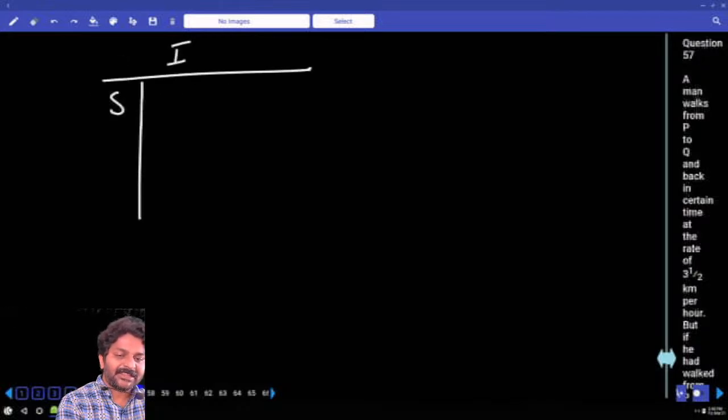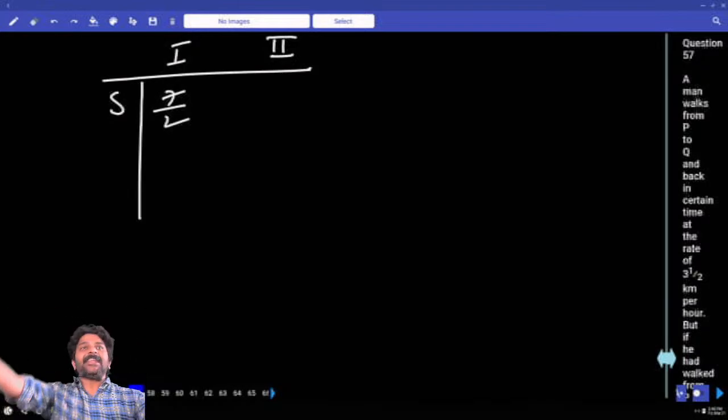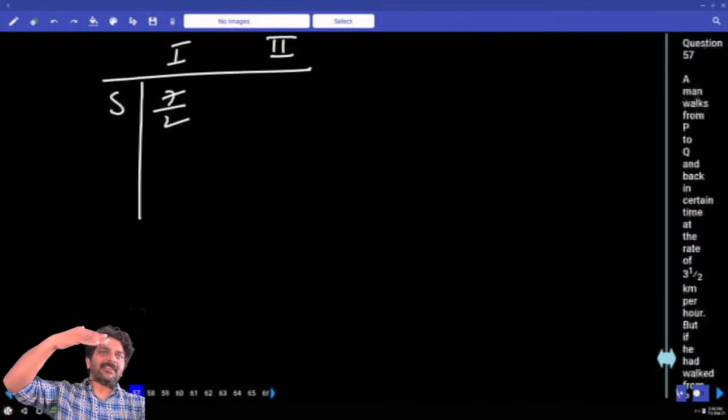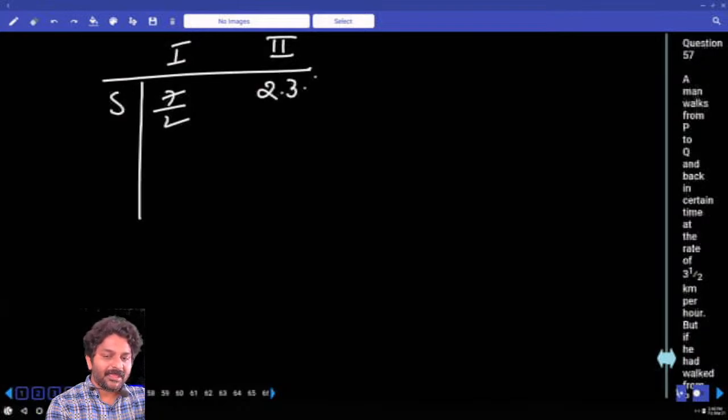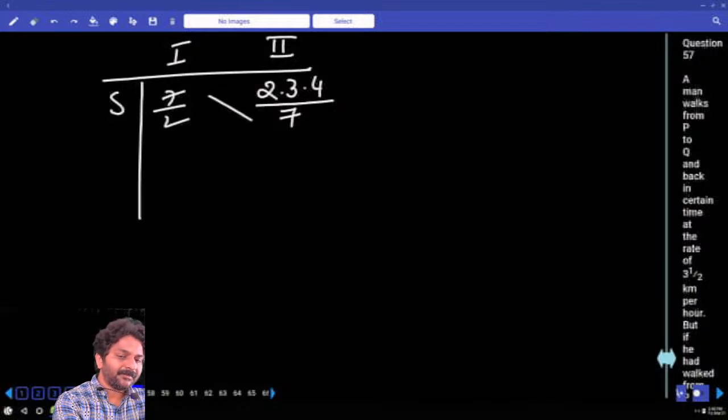First case and then second case, 3.5, which I'll write as 7 by 2. Second case, onward he is traveling with 3, return he is coming with 4. 2AB by A plus B. Can you go with cross multiplication here? Simplification comes.